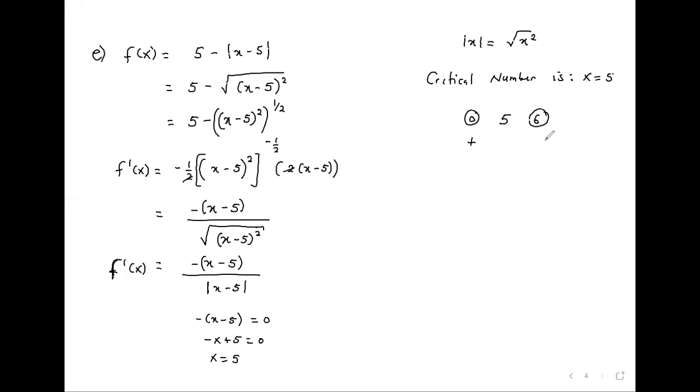The negative is outside, so this will be negative. So we are saying f of x is increasing from negative infinity up to 5, and decreasing from 5 up to positive infinity.